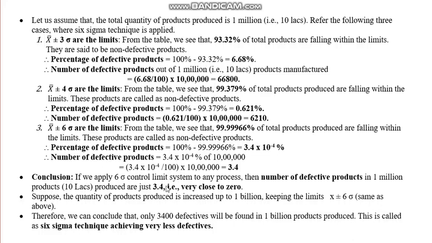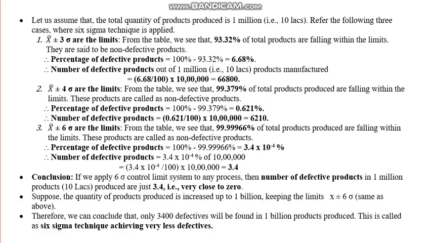So the conclusion is, if we apply 6 sigma control limits to the process, the number of defectives produced in 1 million is only 3.4. That means it is very close to zero. Almost in 3 lakh parts, one is being rejected.